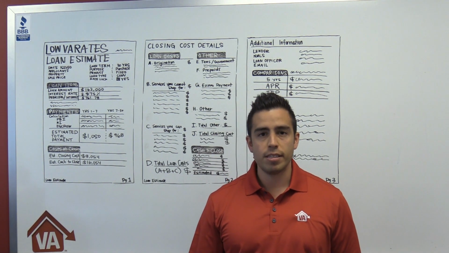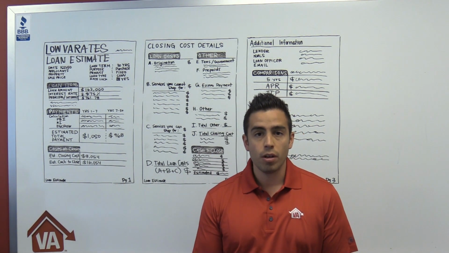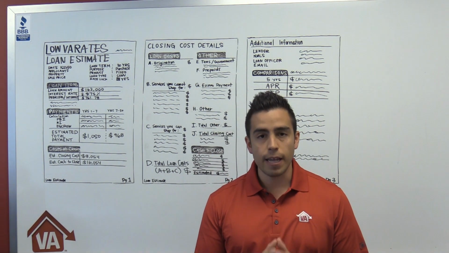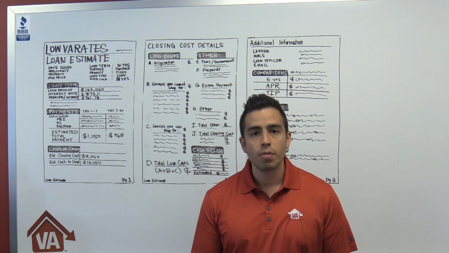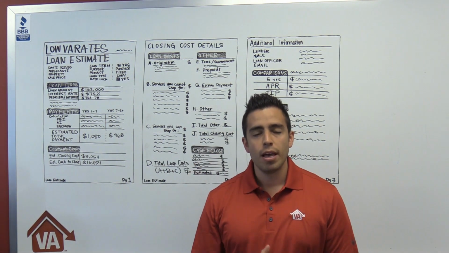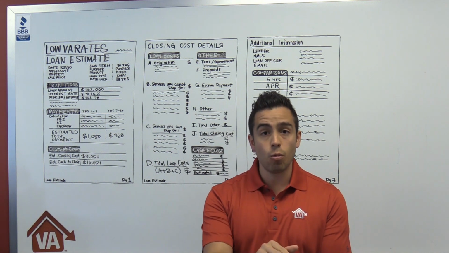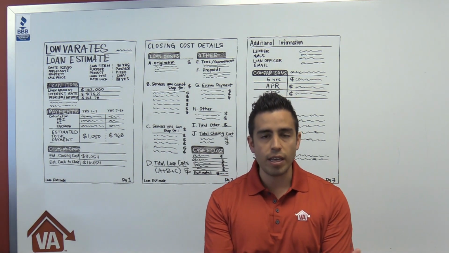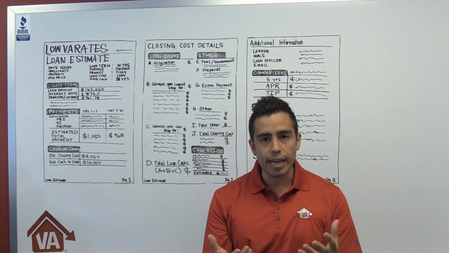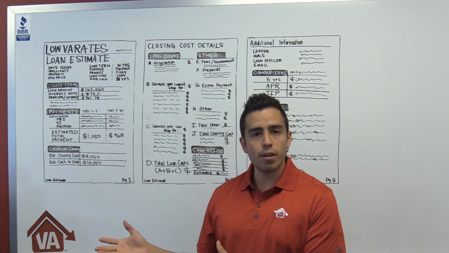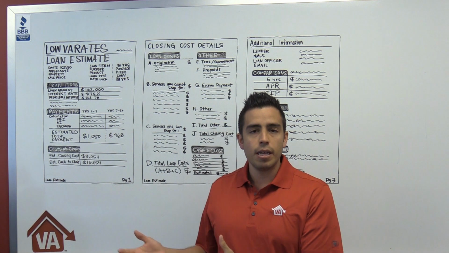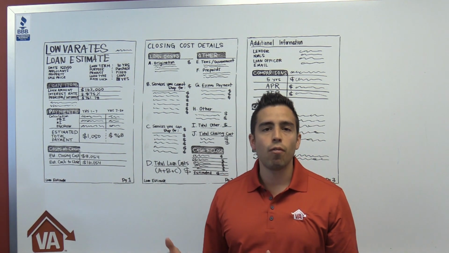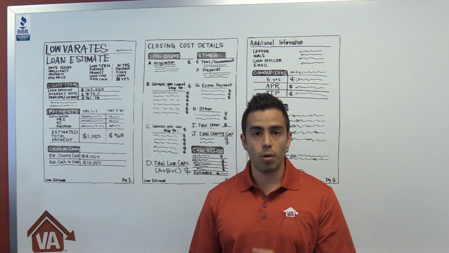The reason for this is so you as a borrower can compare lenders and compare rates, comparing apples to apples. That way you don't have one lender sending you one form with a breakdown of their fees and costs and the rate, and then you get another one from a different lender and it looks completely different. The loan estimate is a standard form on purpose to protect you, okay?